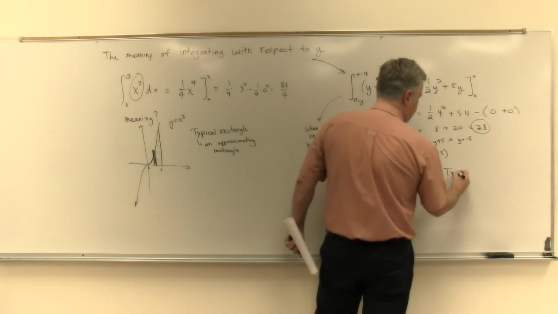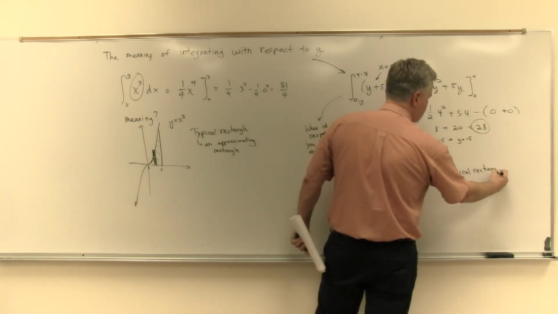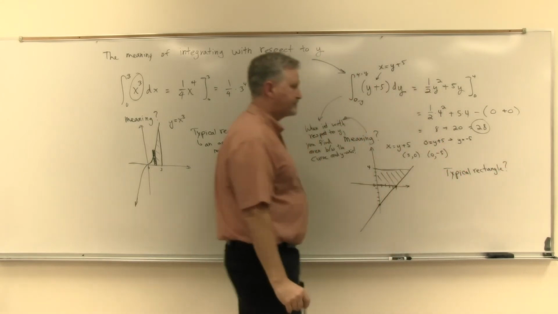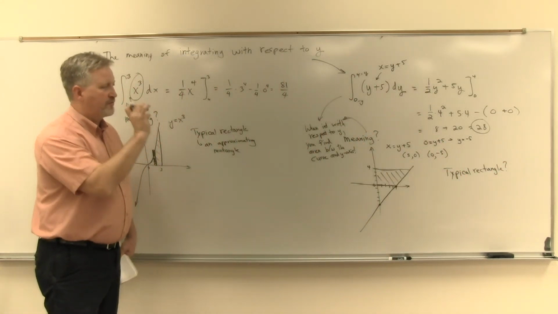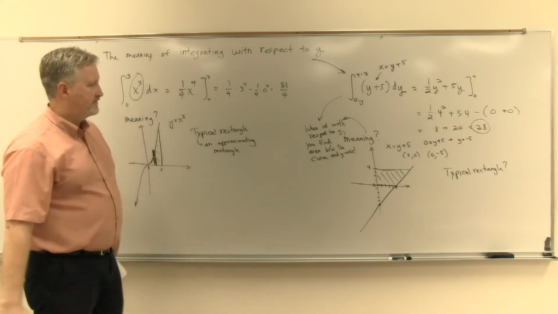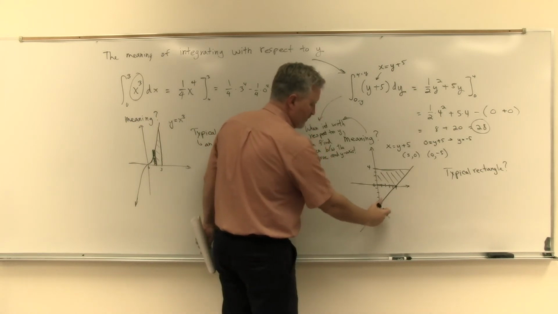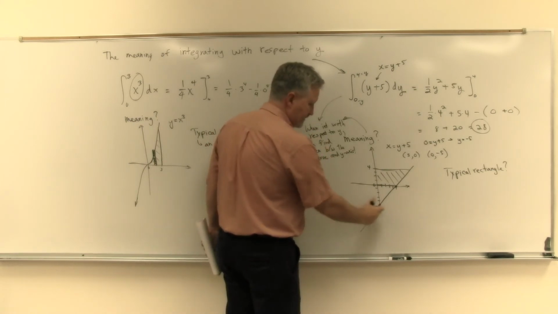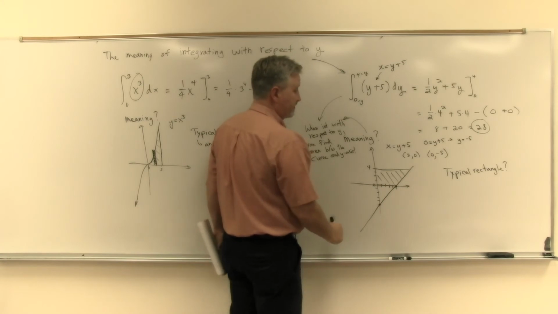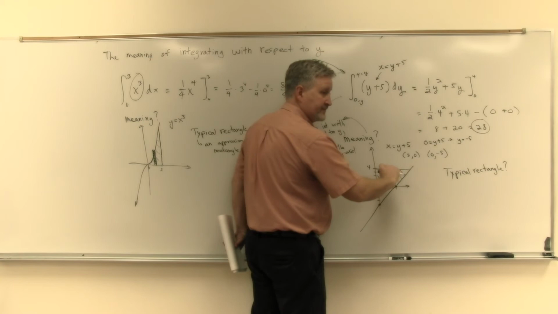So they ask here about the typical rectangle. Well, I'm going from the y-axis up to the curve, or it could be down to the, if we got this range down here, it'd be from the y-axis over to the left here. But anyway, the typical rectangles here are going to be sideways, aren't they?